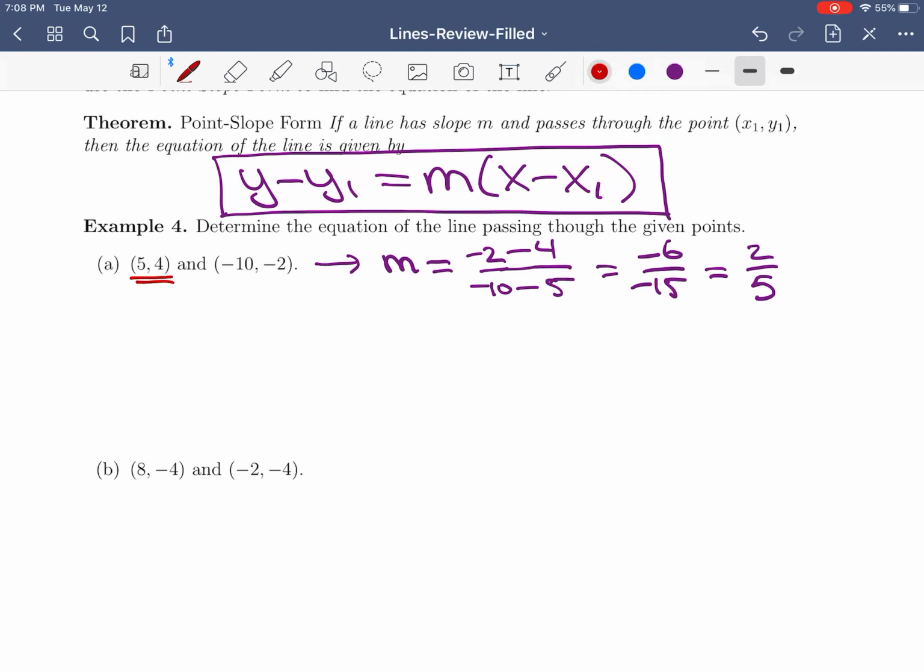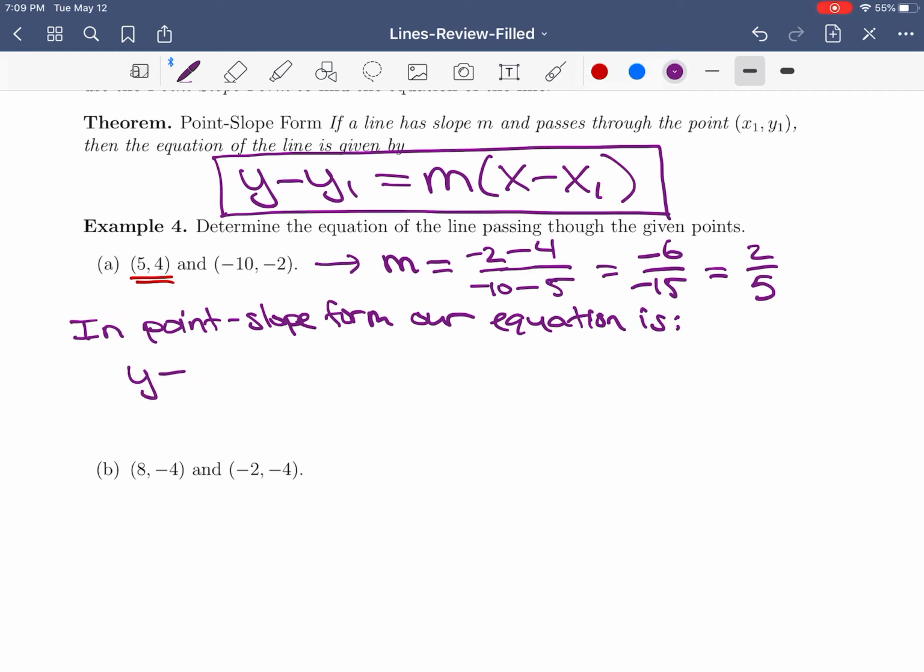Now we can use either point. Okay, I'm going to use the 5, 4 one just because they're not negative, but it doesn't matter. Okay, so in point slope form, our equation is, so y minus the y1, which is 4, equals 2/5 times x minus the x value, which is 5.